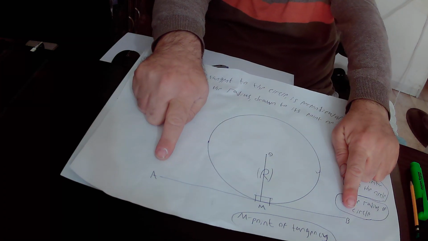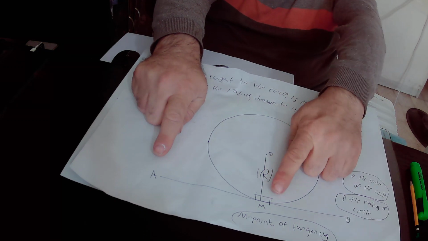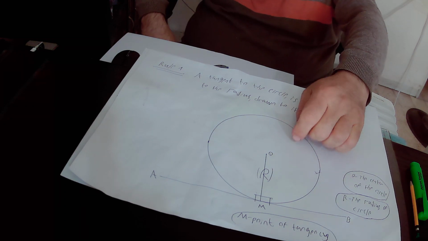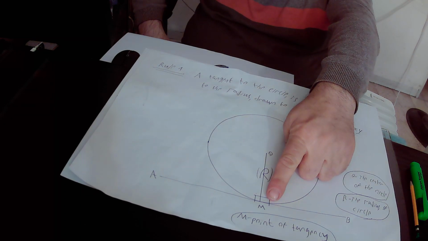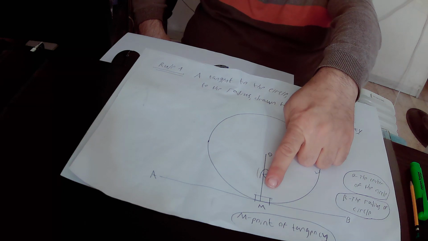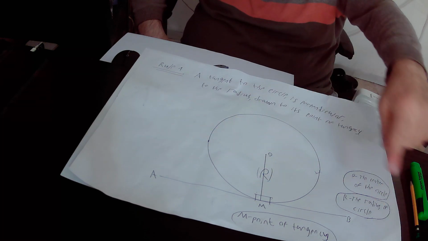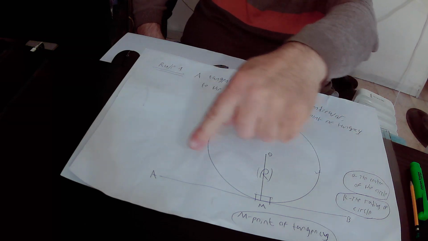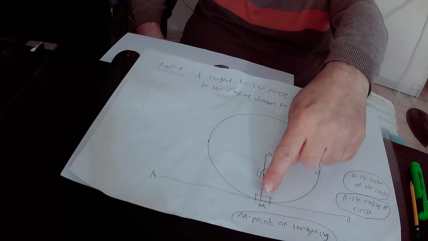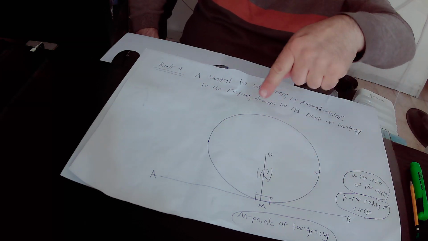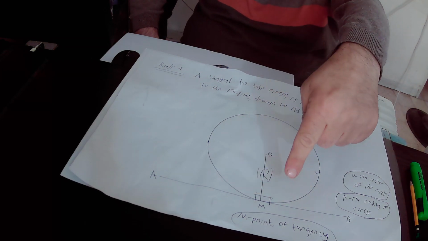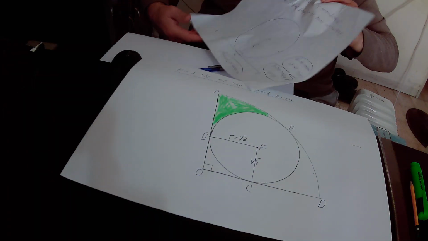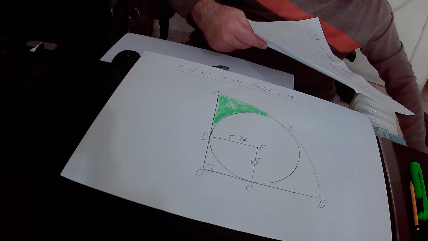This is tangent AB that is tangent to this circle at point M. Point M is the point of tangency, and we also have the radius OM drawn to point M. Whenever you have a radius drawn to the point of tangency, then tangent AB will be perpendicular to the radius MO. If AB is perpendicular to MO, it means that this angle equals 90 degrees and this angle equals 90 degrees. We can actually implement this rule 1 in our drawing.